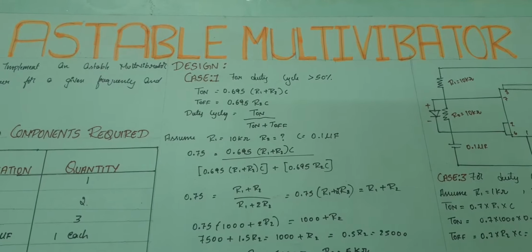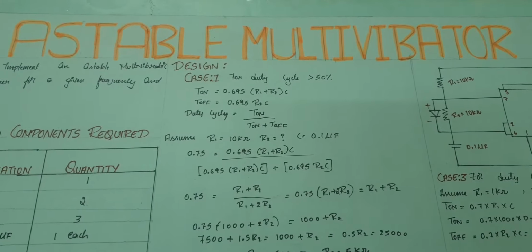Now let's consider our second case. Here in this case, you can clearly see that your T on and T off are almost the same. So this is your duty cycle which is equal to 50%. This is your third case which you can see here, in which your T off value is greater than your T on.